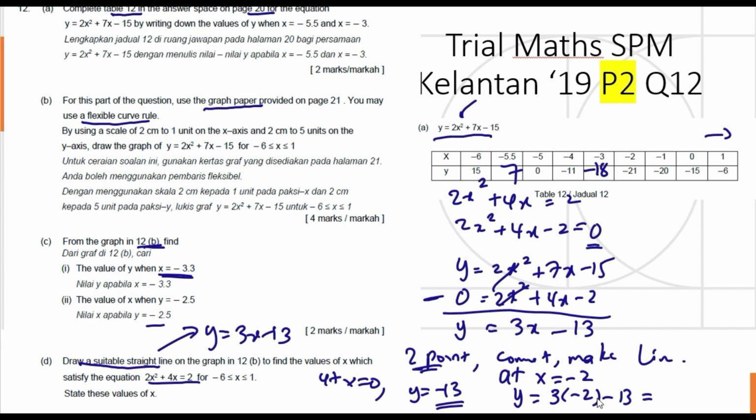So we get negative 6 minus 13 is negative 19. So make sure this one is negative 2, negative 19. Make sure these two points, 0, negative 13, is still within the graph. We can fit into the graph. If you cannot fit into the graph, change the value, choose another point with which you can make a line in your graph.